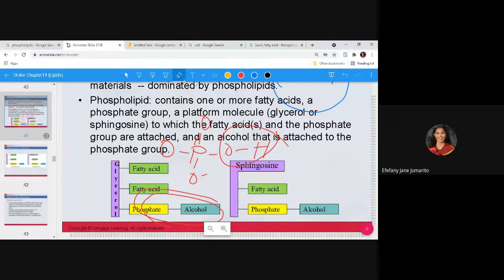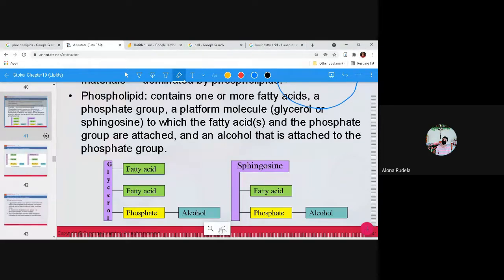Okay, so let's go back. We are now in phospholipids. It contains one or more fatty acids. So how many fatty acids are present on the glycerol in your phospholipid? One or more. From here, how many fatty acids do we have?